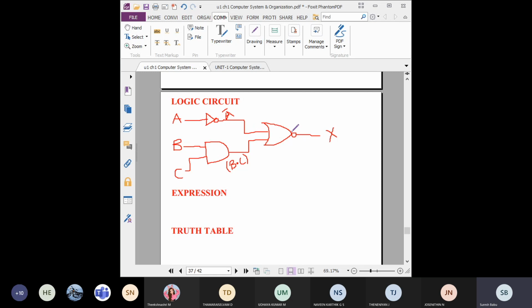Finally, A bar is one input and B dot C is the second input for this NOR gate. Students, don't get confused: for a NOR gate, make the bracket and first make the bar, then inside you need two inputs combined like an OR gate. So what is the answer?